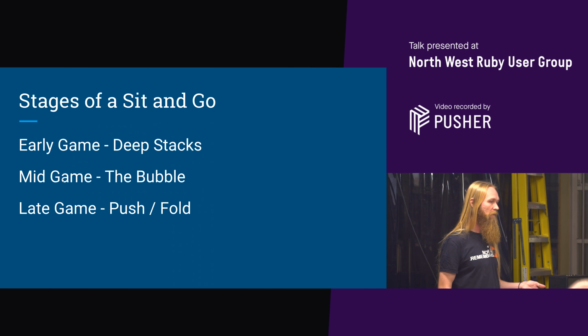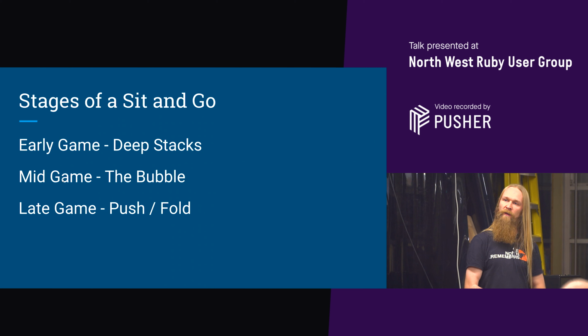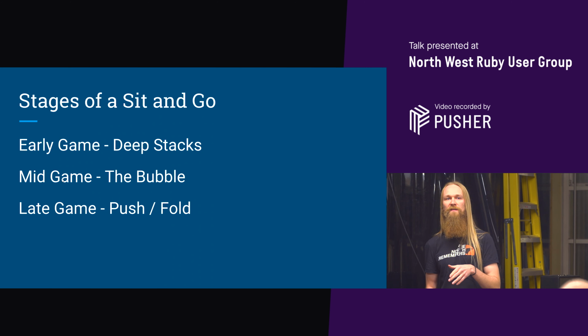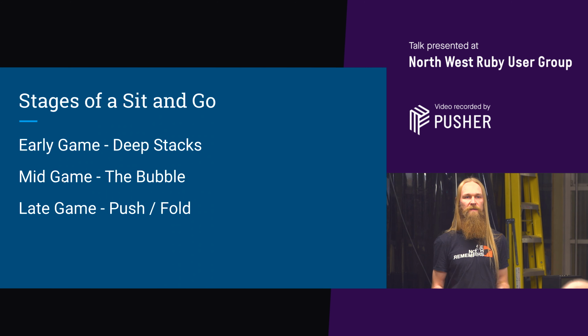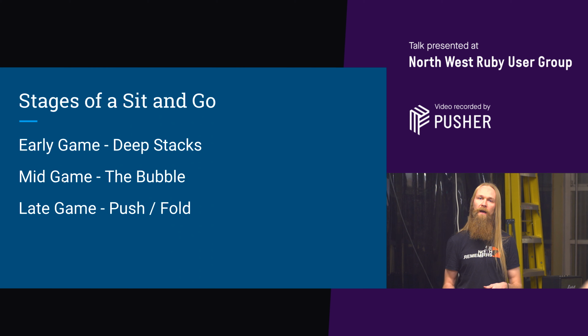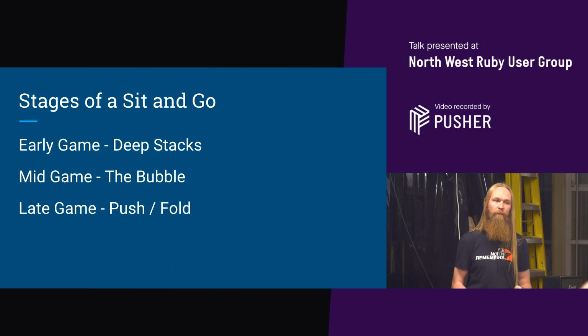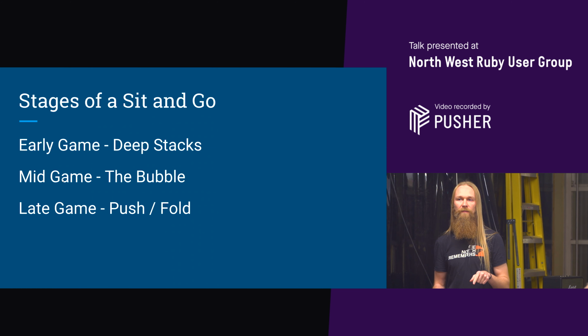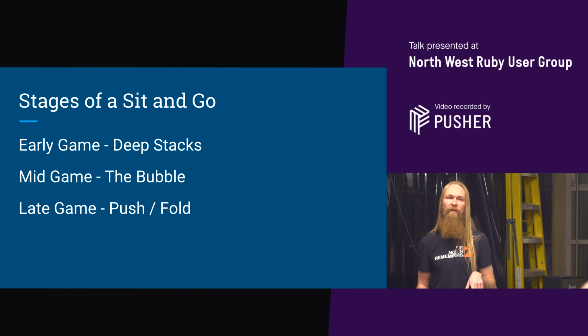In the early game, the blinds are small compared to your stack. And this means that you can play speculative hands. So these are hands where you're not likely to hit the flop well, to make a good hand most of the time. But when you do, you've got a lot of power. You are very, very likely to win considerable amounts.